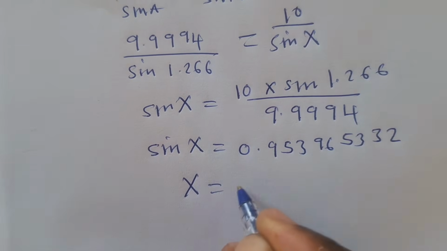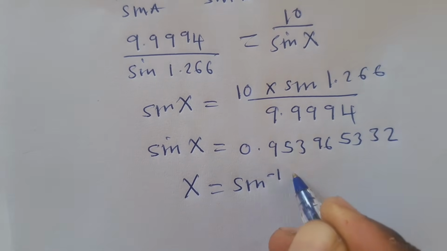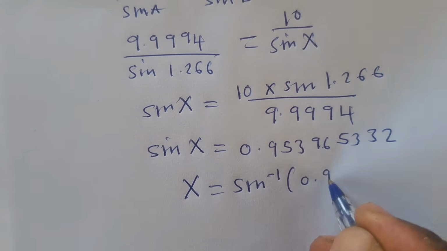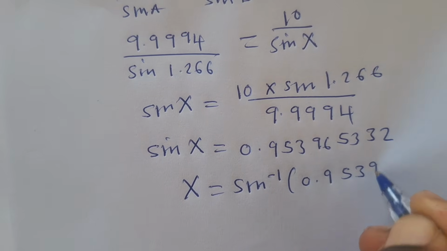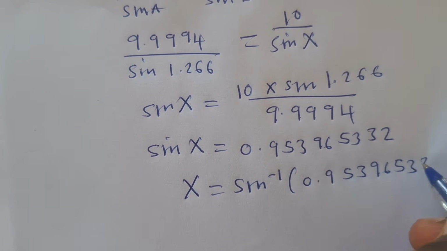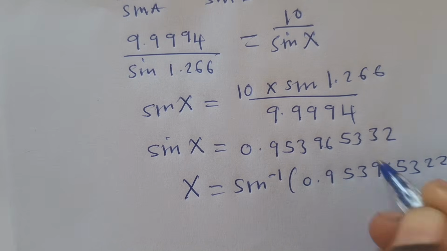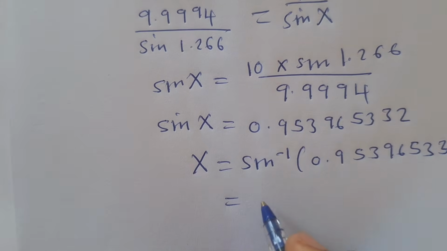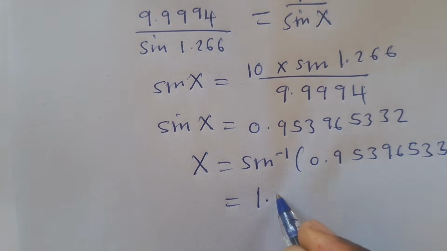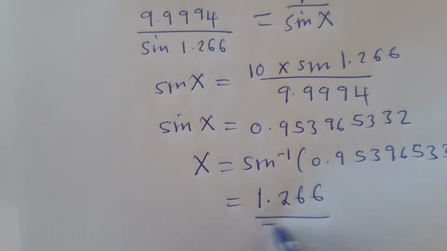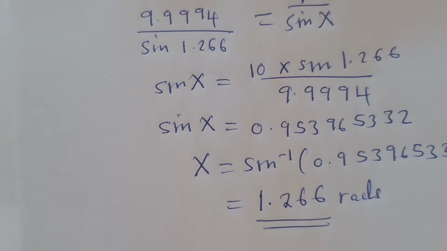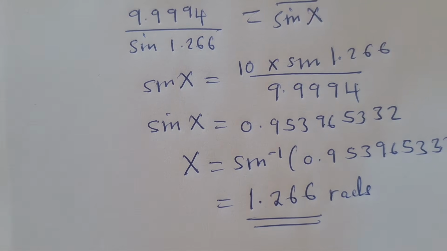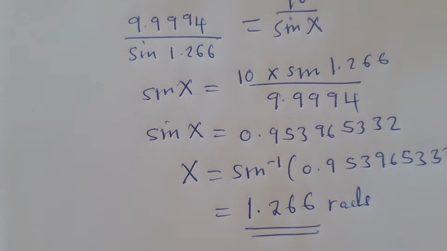So x will simply be equal to sine inverse of 0.953965332. And the angle which is coming out is 1.266 radians. Okay. So that's our answer for question B.